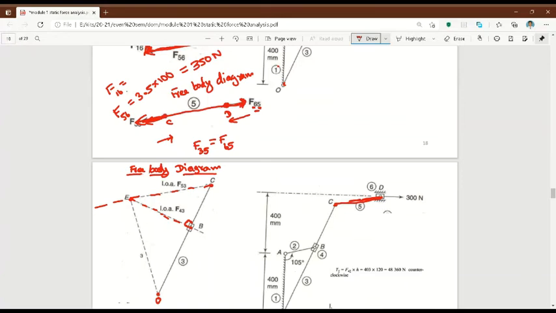Why I have drawn a perpendicular line: see, this is a piston.